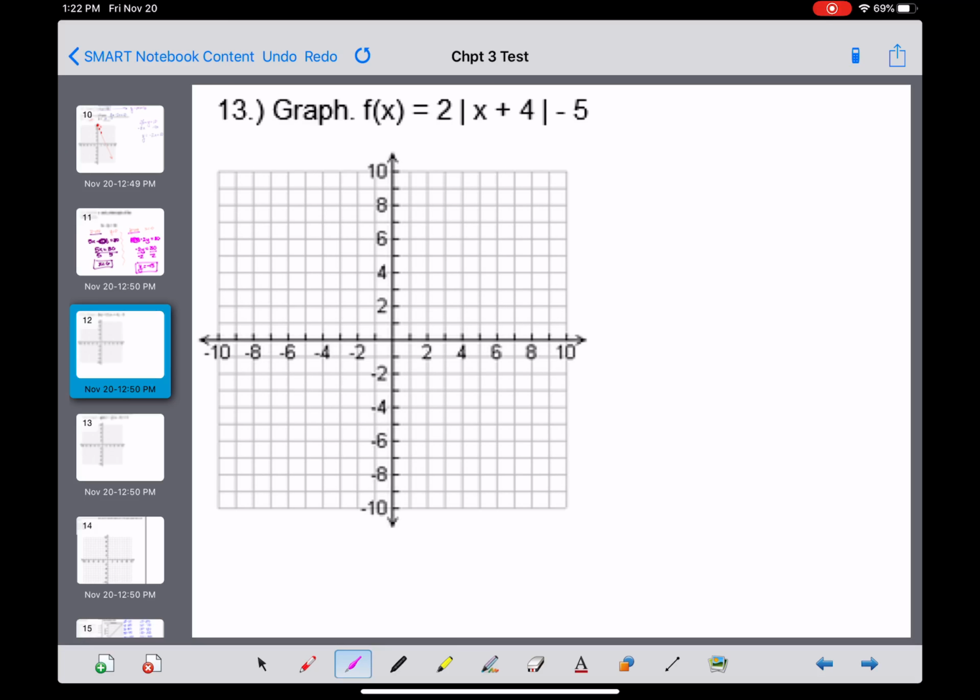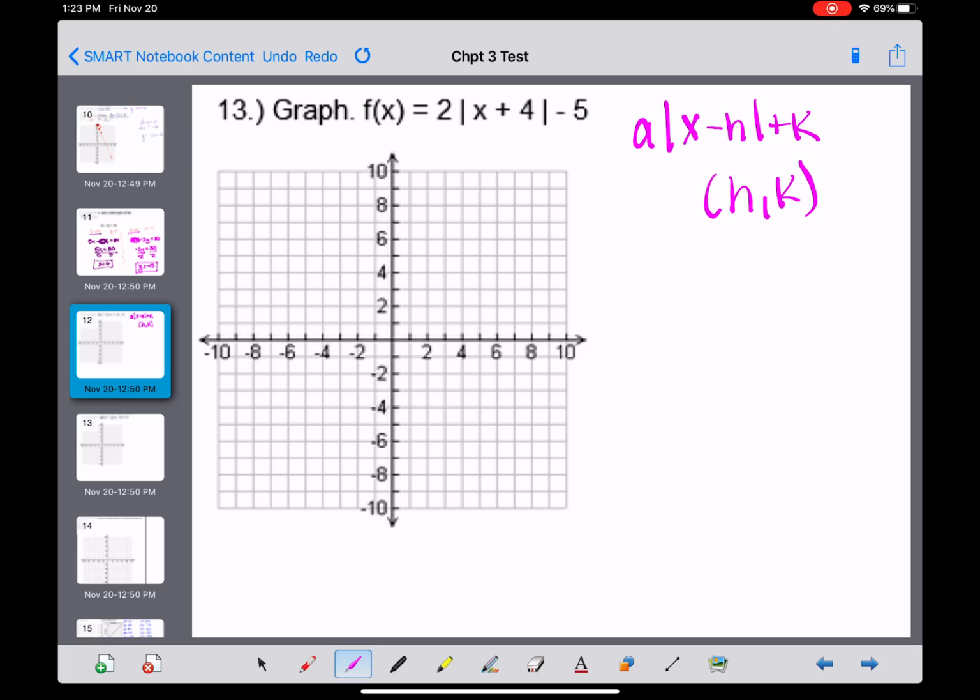When graphing absolute value, we need to locate the vertex. So remember our general formula for graphing absolute value is listed, where h and k are our vertex.